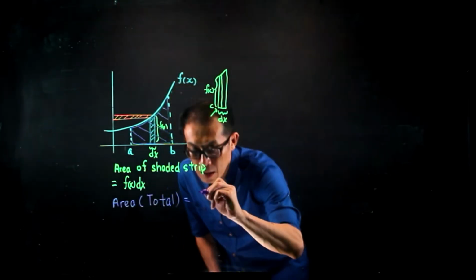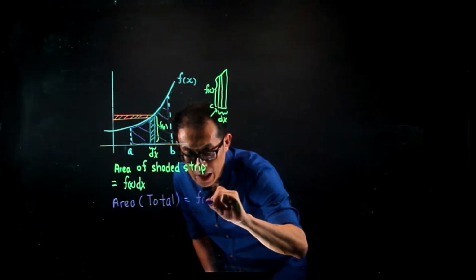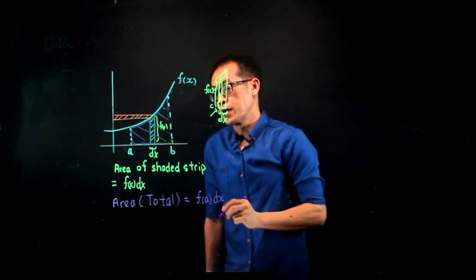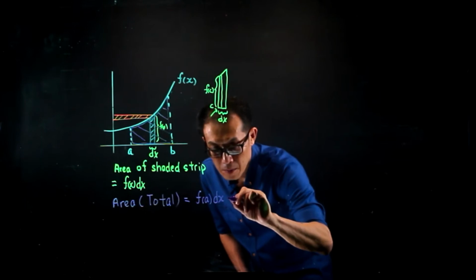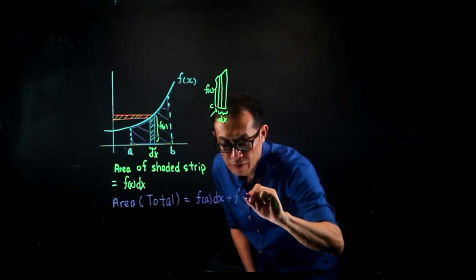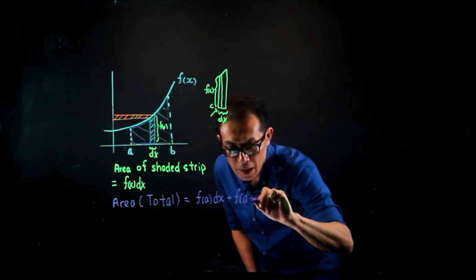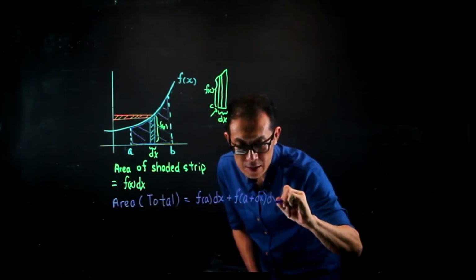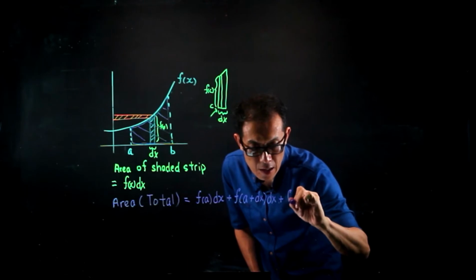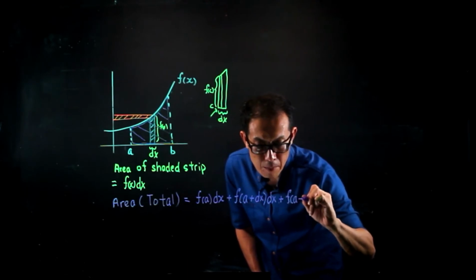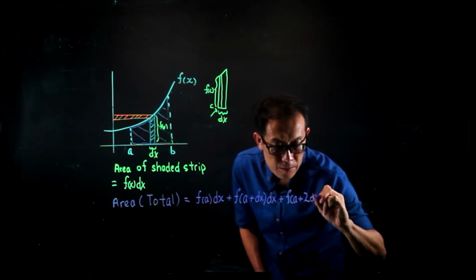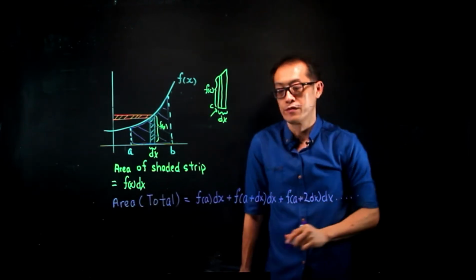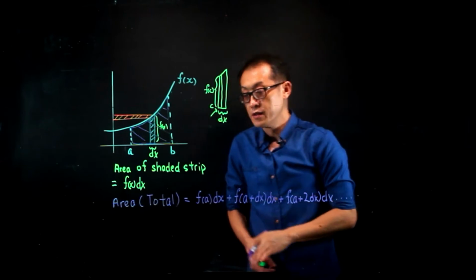It will be f of a times dx, plus f of a plus dx times dx, plus f of a plus 2dx times dx, and so on and so forth, until I reach b.